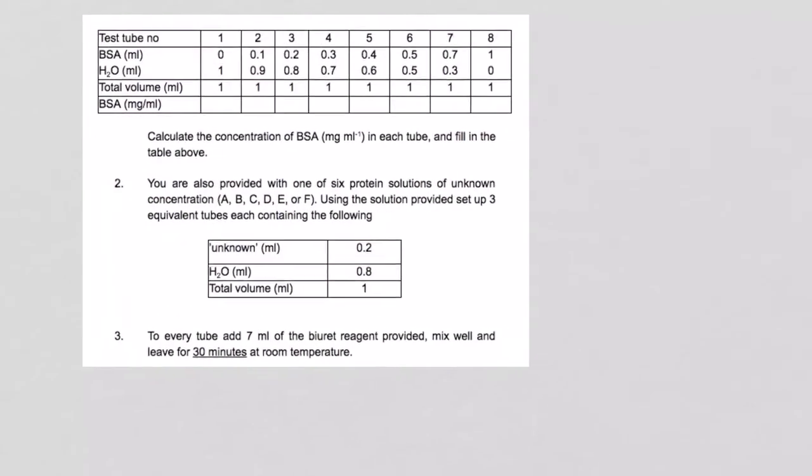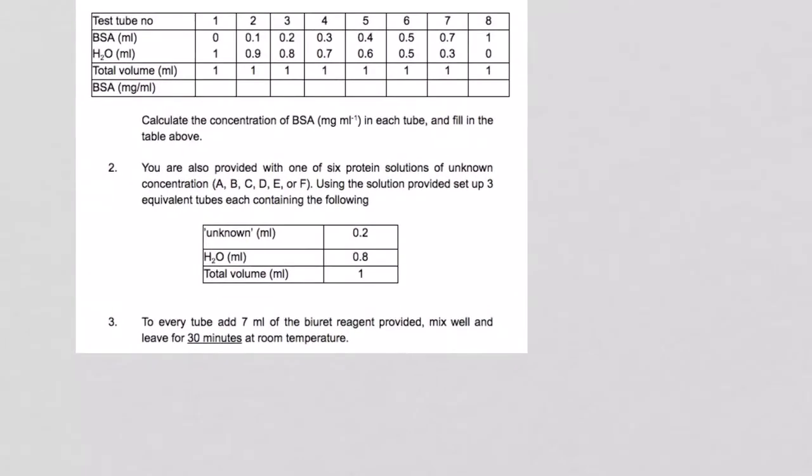So what is this? What are you going to do in this practical? So the aim of this practical is actually to identify and to determine an unknown protein concentration.